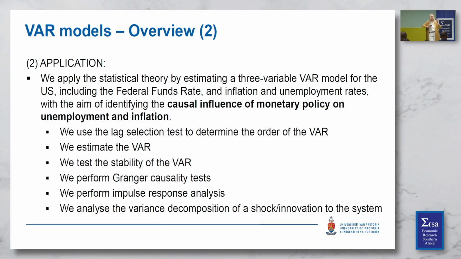Obviously, the tools are such that we always work with a positive innovation, so it's always an increase in the policy rate, and then we see that that will have a negative impact on unemployment, or it will make the unemployment rate rise. And then also, of course, there will be a causal effect.